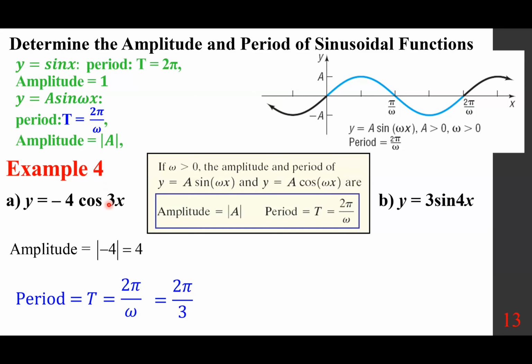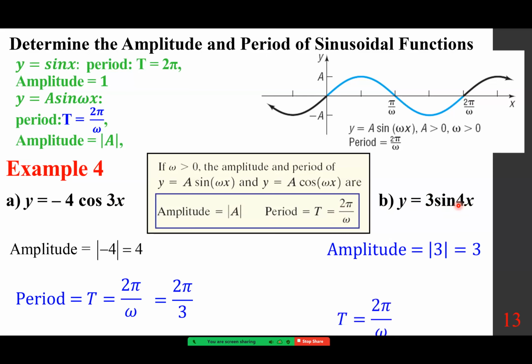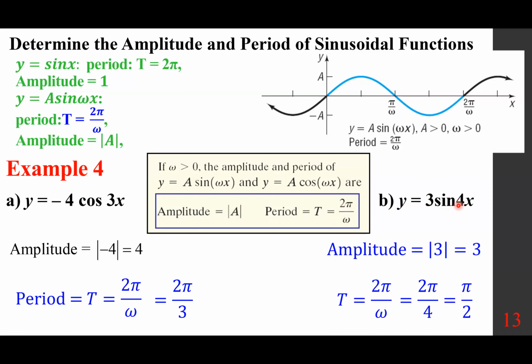For this function, amplitude is the absolute value of 3, which makes it the same number. The period is 2 pi divided by omega, which is 4. 2 pi divided by 4, which is pi over 2.